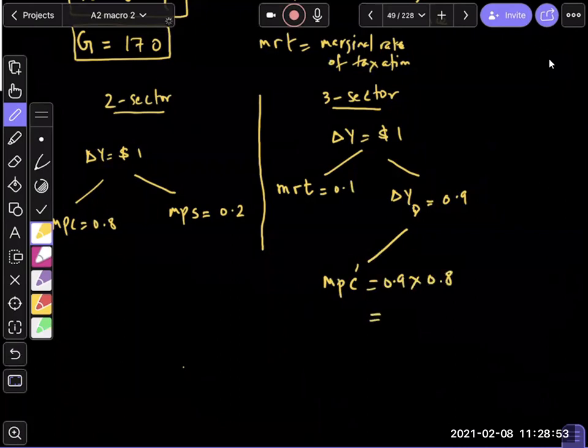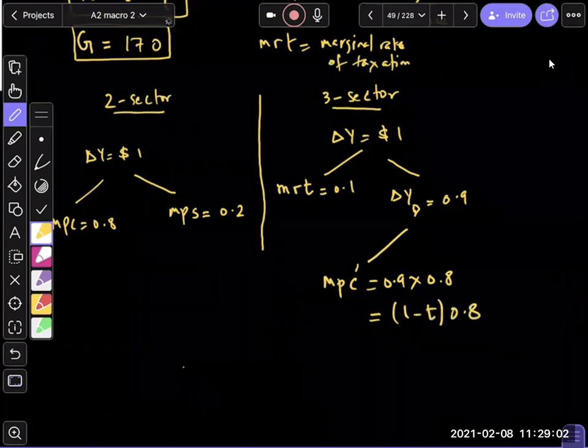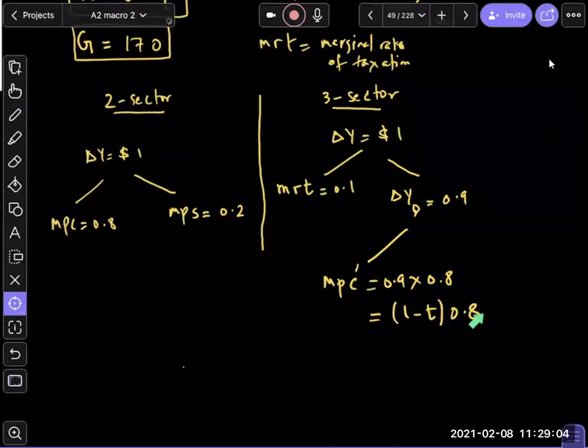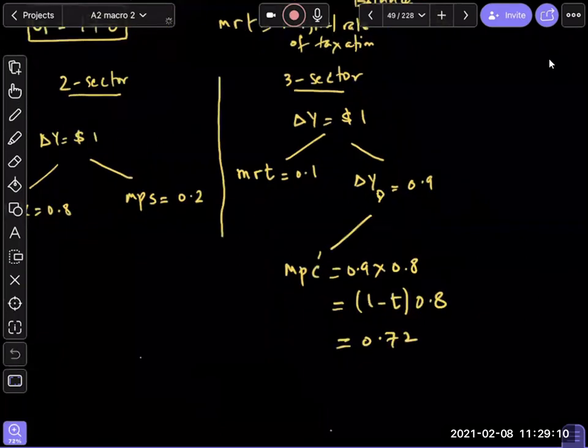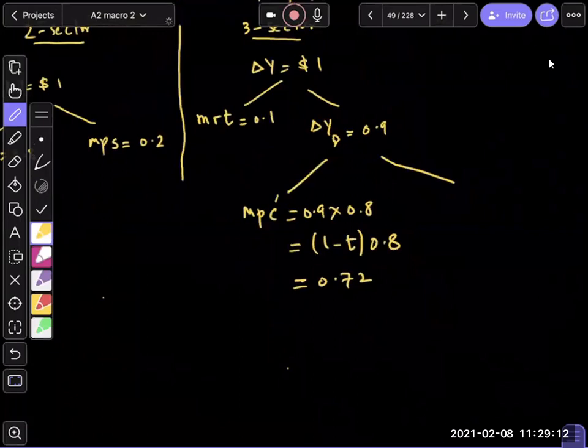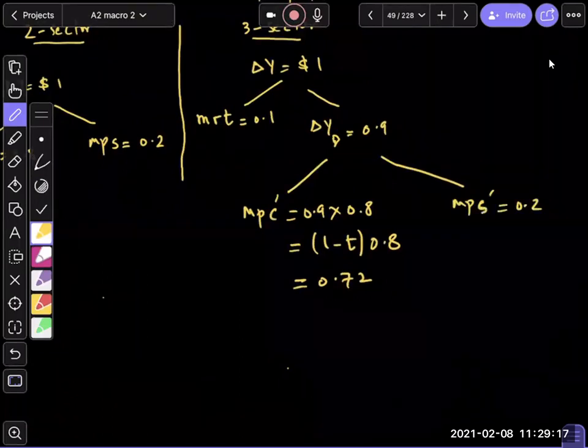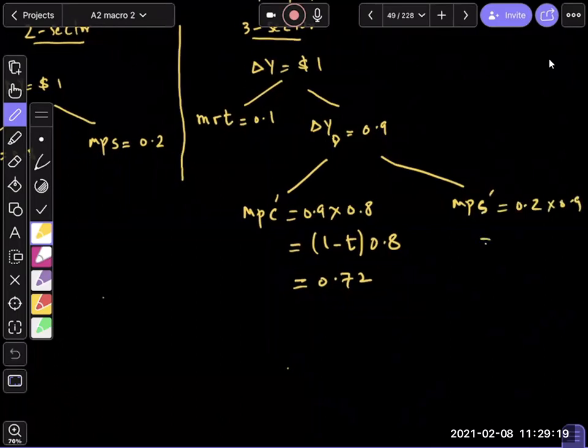In other words, it's 1 minus T into 0.8. 1 minus 0.1 into 0.8 will be your after tax MPC, which is equal to 0.72. And how much do you then end up saving? Very nice. 0.2 into 0.9, which is 0.18.